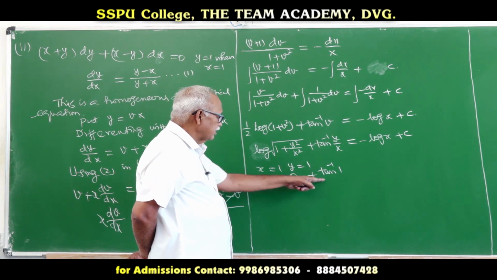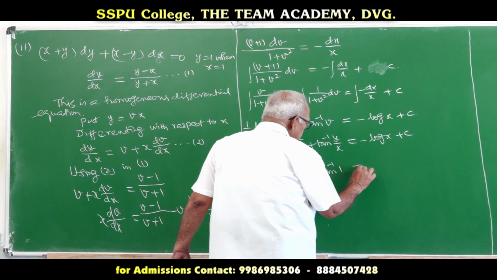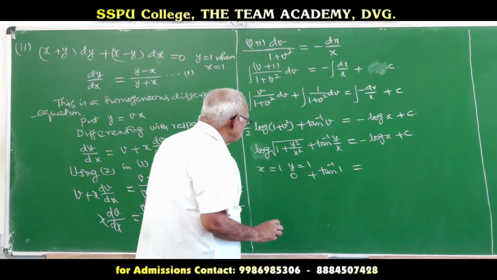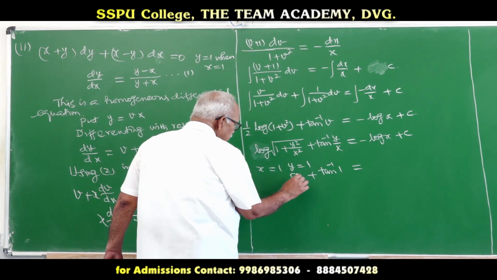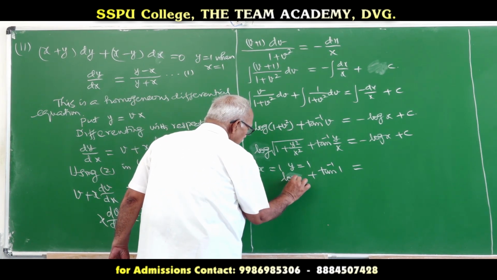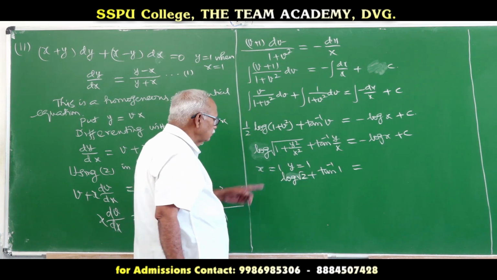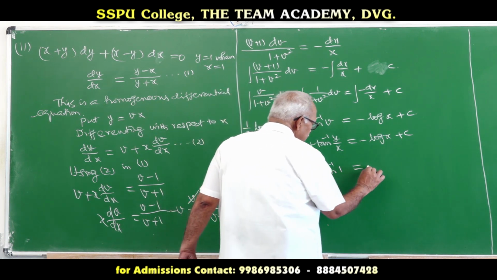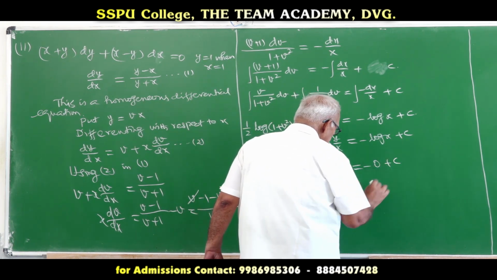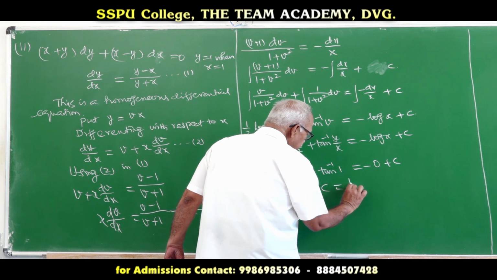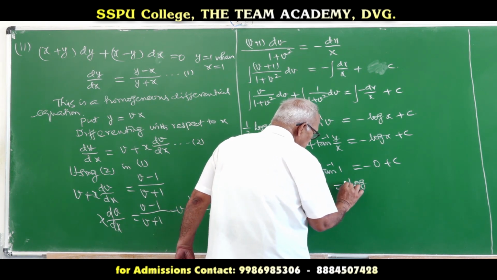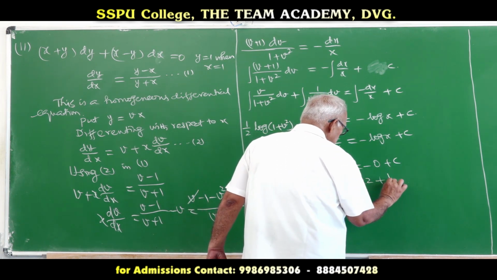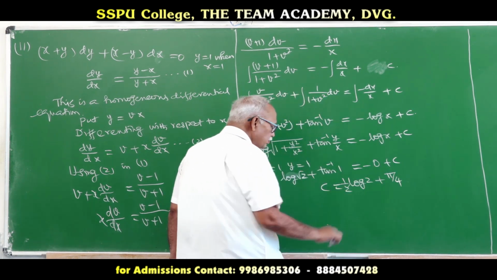This is equal to log of root 2, because 1 plus 1 is 2, minus 0 plus c. So, c is equal to, you can write this as 1 by 2 log 2 plus pi by 4, since tan inverse of 1 is pi by 4.